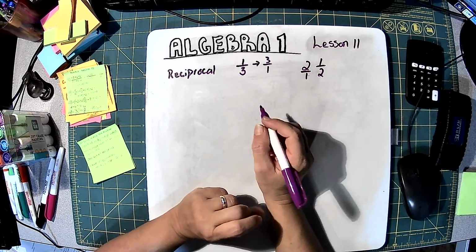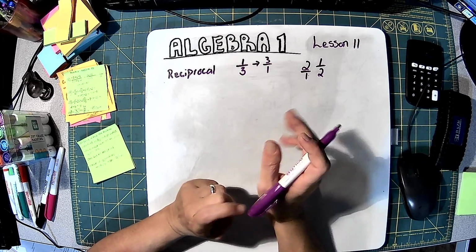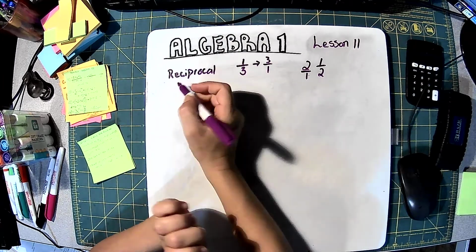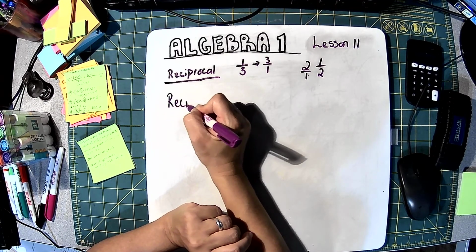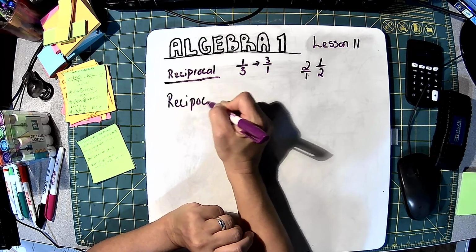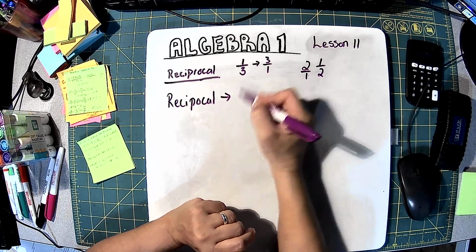All right, so any number times its reciprocal. Oh, let's go over this. Reciprocal also means multiplicative inverse.